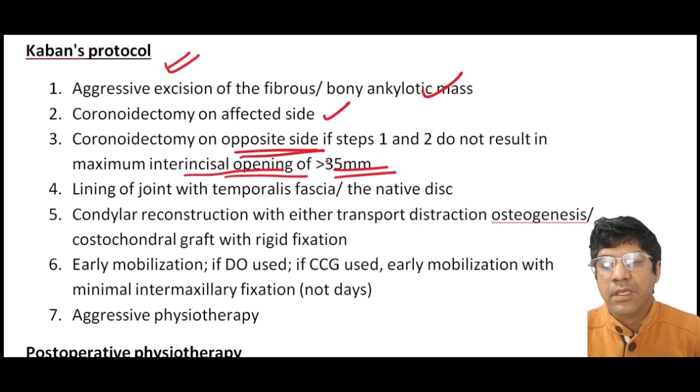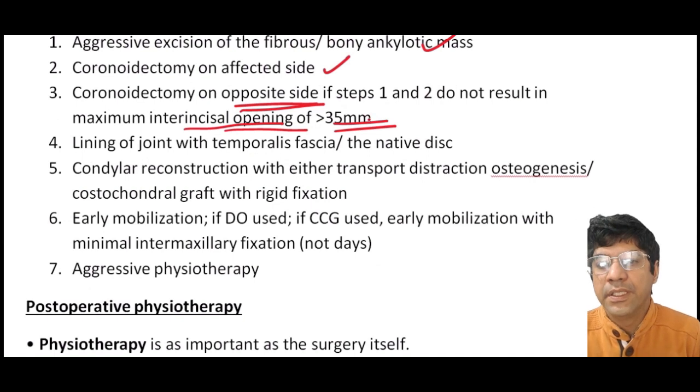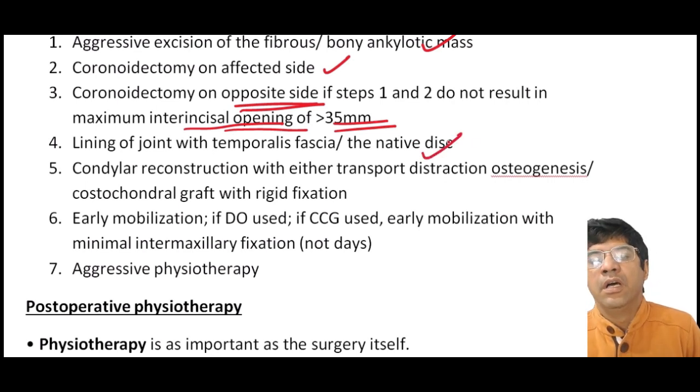The fourth is the lining of the joint with the temporal fascia. After the surgical procedure, the joint is lined with either the patient's own temporal fascia or the articular disc of the joint, that will provide a cushion and support.